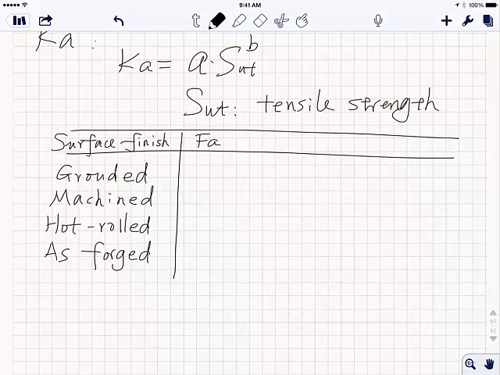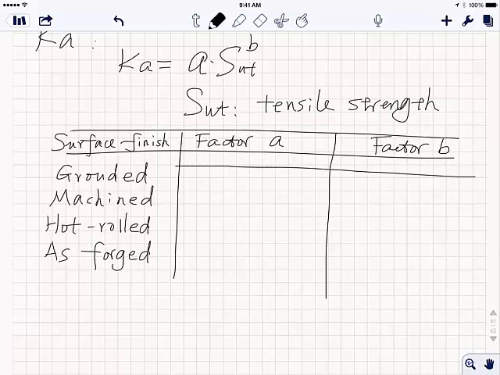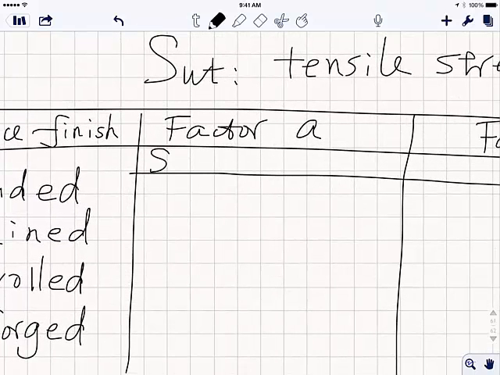Here you have SUT in English units, KSI, or your SUT is given in metric.